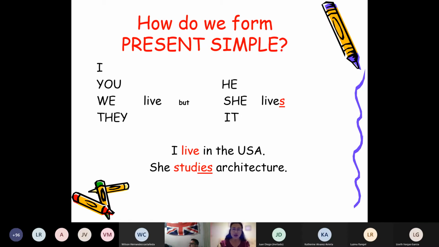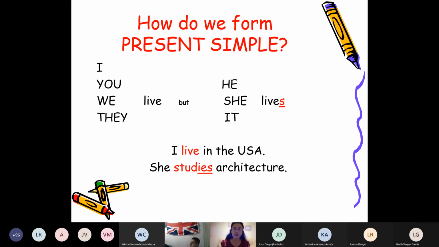But when you have the third person singular, singular refers only to one. When you have the singular subject or the personal pronouns he, she, or it, you add an s or an es to the verb. He lives, she lives, it lives.